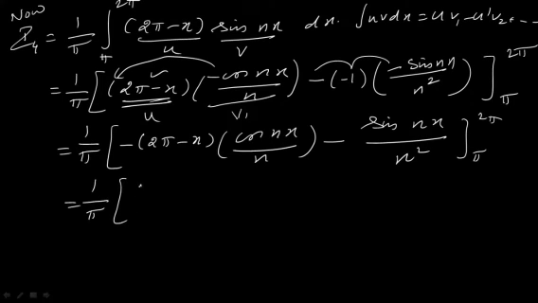For that, first let me mark the portions of x. So these three portions we have x term, right? So first substitute upper limit. 2 pi is the upper limit. If you replace x by 2 pi, what happens? 2 pi minus 2 pi. So this is for upper limit minus lower limit. I just put a parenthesis first. Okay. So 2 pi minus 2 pi, what happens? 0. 0 into anything? 0. Minus cos n 2 pi.